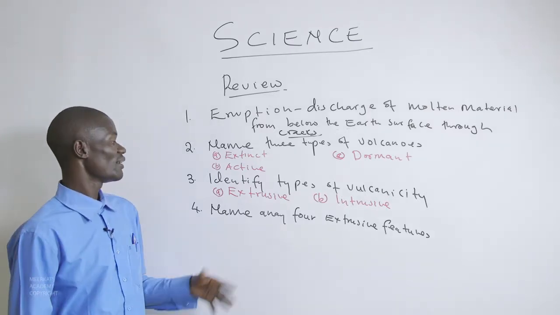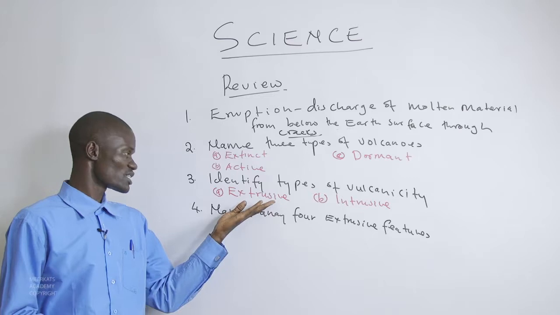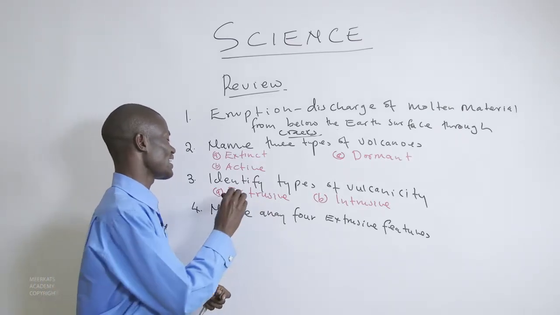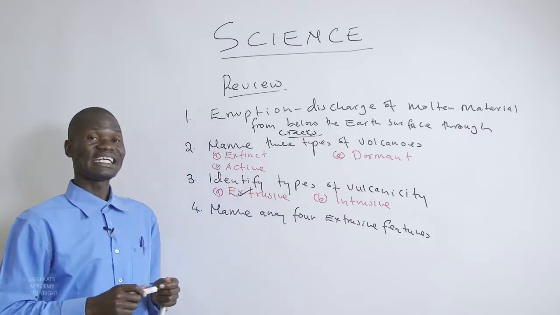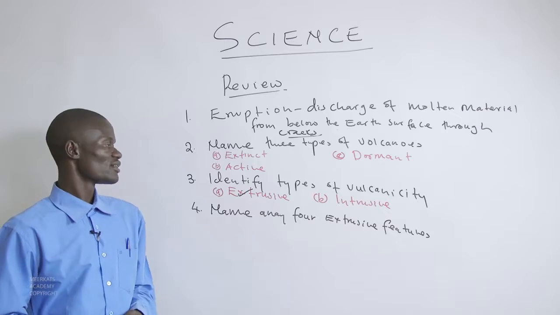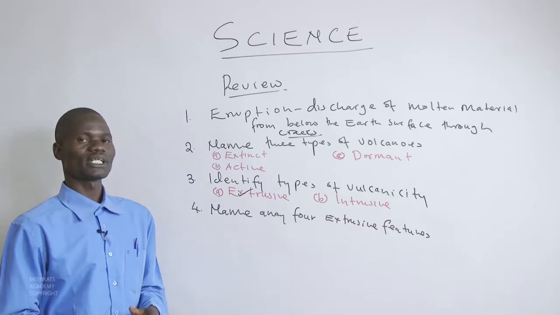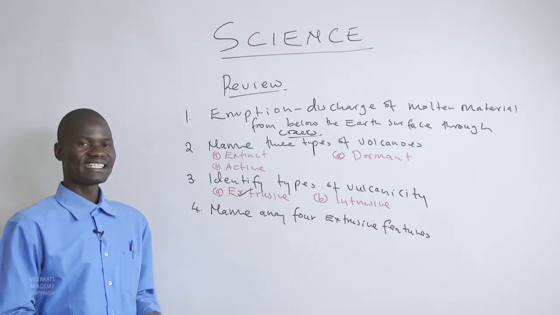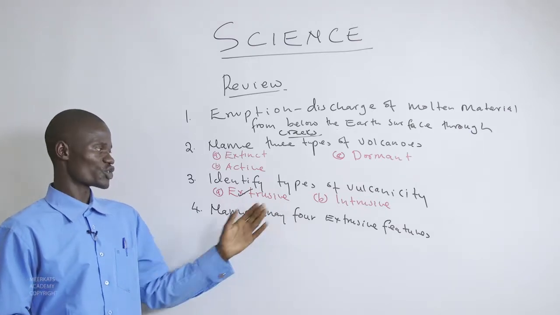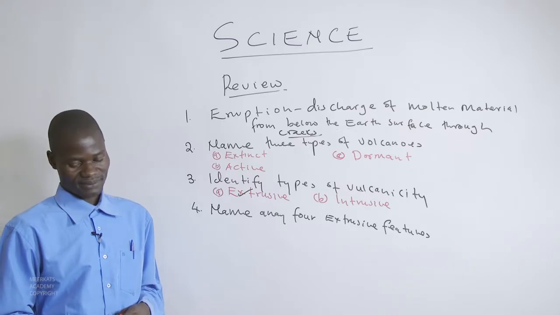Just as a reminder, extrusive volcanicity is a kind of volcanic eruption that leads to the magma being extruded and ejected onto the Earth's surface, leading to the formation of extrusive landforms or extrusive features.